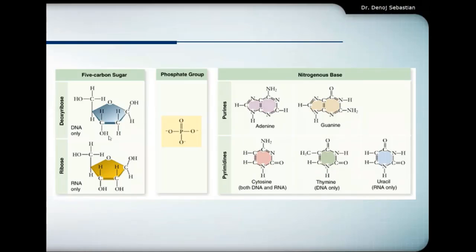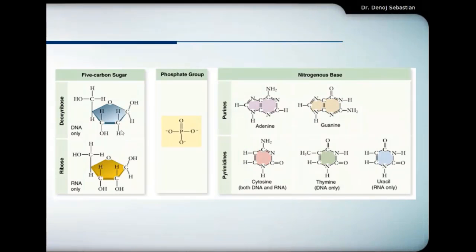Here you can see the OH group that is present at the 3' position in DNA, the deoxyribose.